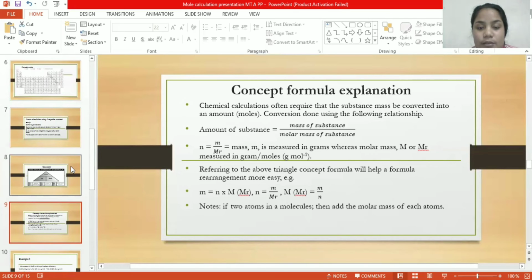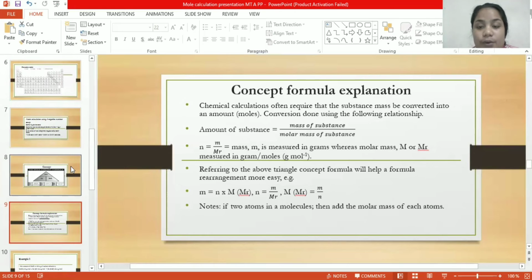As you already know from calculating the number of atoms using the Avogadro constant, here we can see again that the mass, with the symbol m, is measured in gram, whereas molar mass is measured in gram per mole.